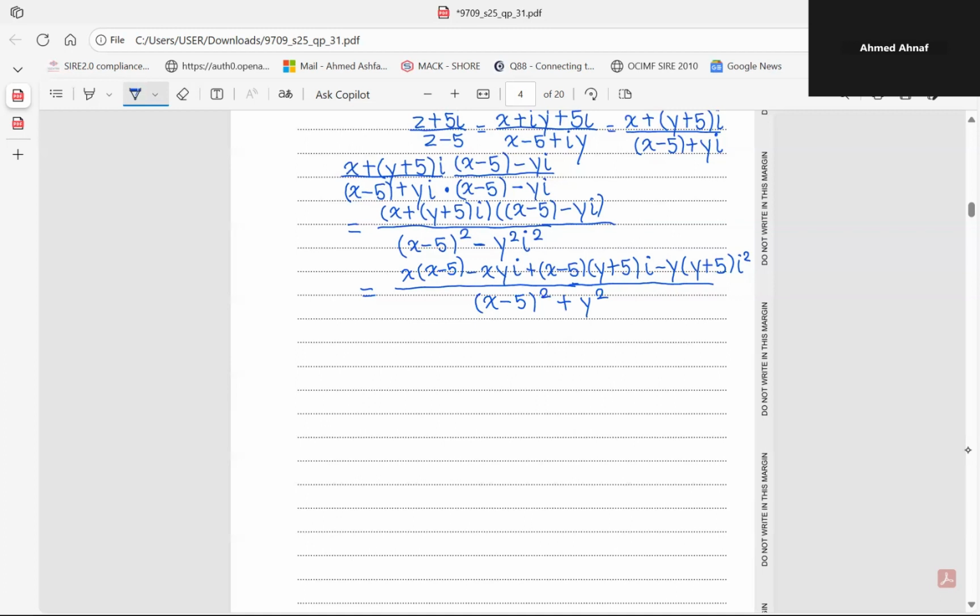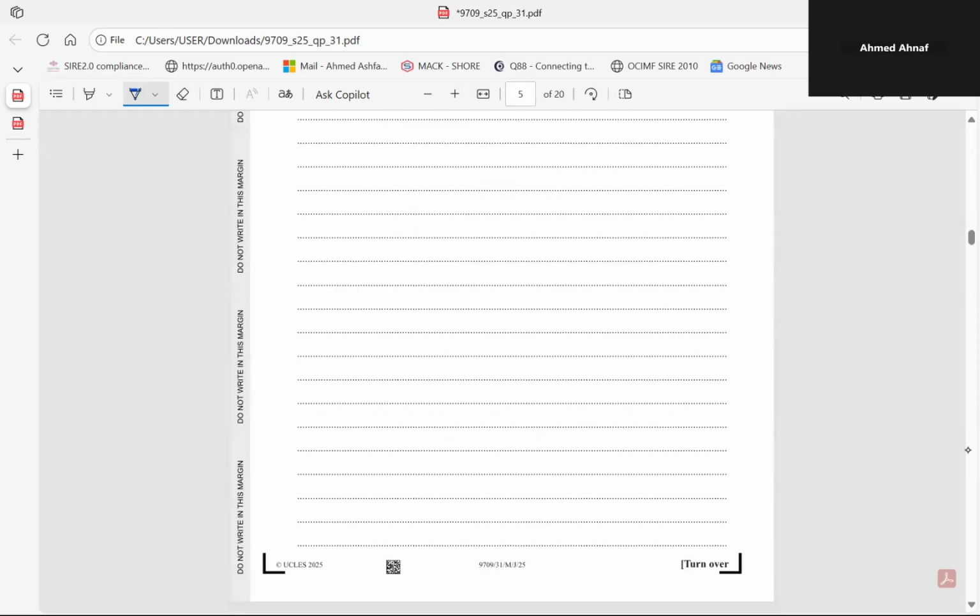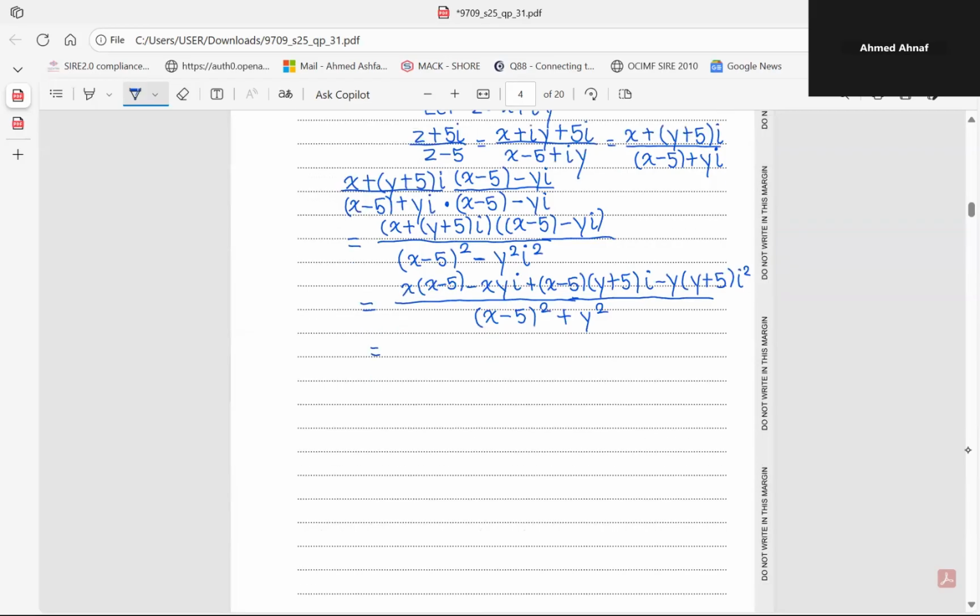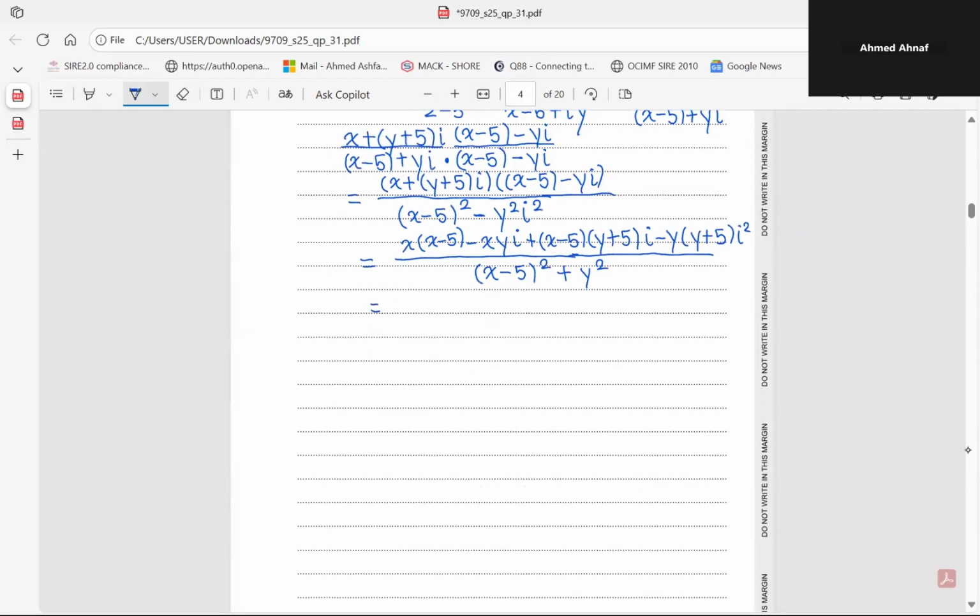And now we're going to simplify the numerator again. Okay, good. We have 2 pages, so there's enough space. So we have x times x minus 5, and then all the way at the left-hand side, we have minus y times y plus 5 times i squared. As I said before, i squared is just minus 1, so minus 1 times minus 1 is plus 1.